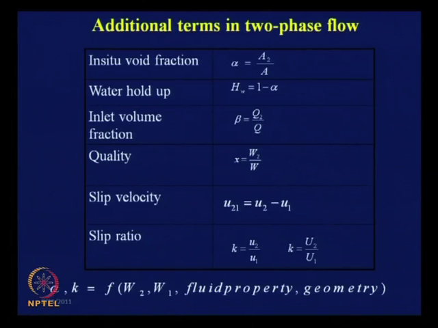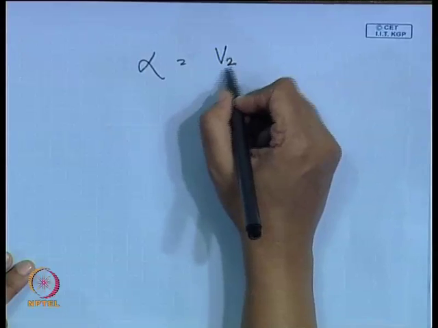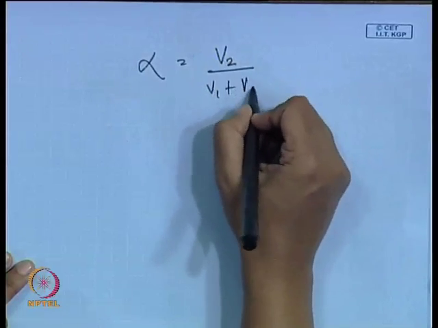So, in any particular way we can define it, but the actual definition of alpha is the volume fraction occupied by the lighter phase, which can be given as V2 by V1 plus V2.